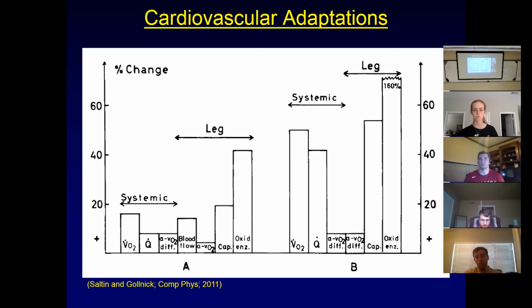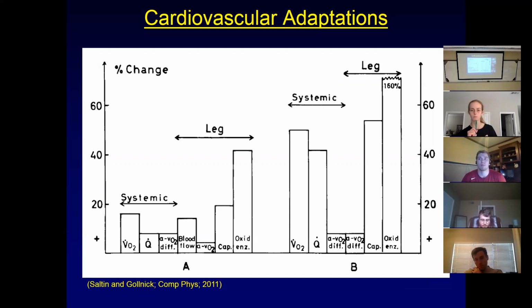Okay, so this is just showing, again, some more things from some old papers by Bink, Saltine, Phil Vonek, and it's just showing systemic changes in oxygen consumption, and how much of that is due to a change in cardiac output, AVO2 difference, blood volume. Then we've got leg-specific things, so there's the systemic side, and then things in the legs, and I believe A is like 8 weeks of training, and B is 16 weeks of training, or something like that.